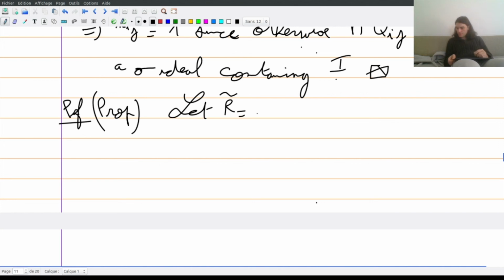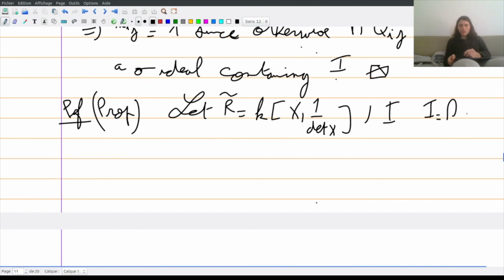So let R be as before. I is again a maximal ideal, and it's an intersection of prime ideals.